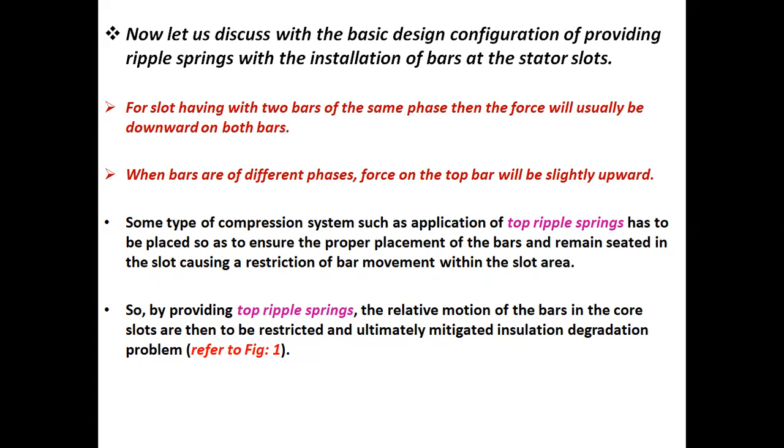Some type of compression system, such as the application of top ripple springs, has to be placed to ensure the proper placement of the bars and that they remain seated in the slot, restricting bar movement within the slot area. So, by providing top ripple springs, the relative motion of the bars in the core slots is restricted, ultimately mitigating the insulation degradation problem. Refer to figure 1.